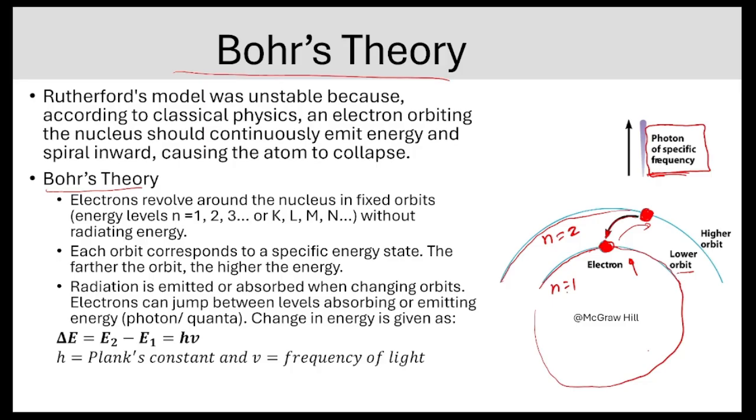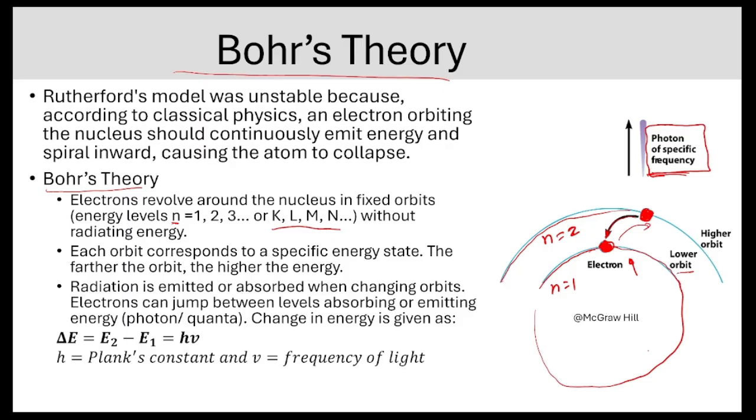These energy levels are represented by the letter n, and they are sometimes called energy level 1, energy level 2, energy level 3, or they are also called K, L, M, N, and so on.